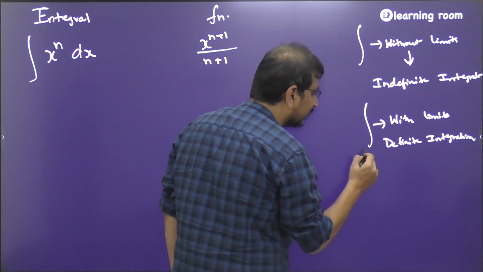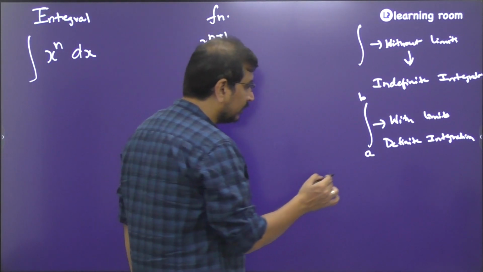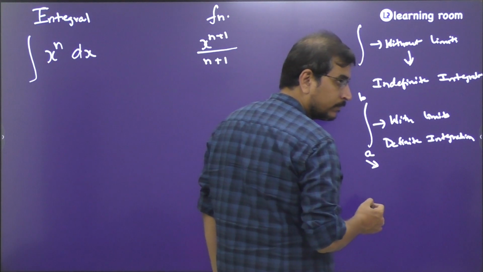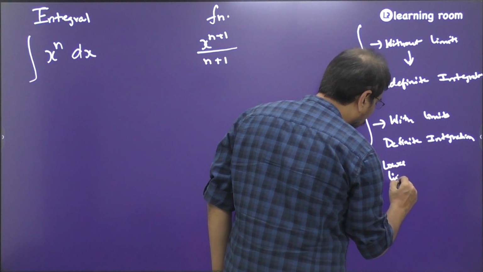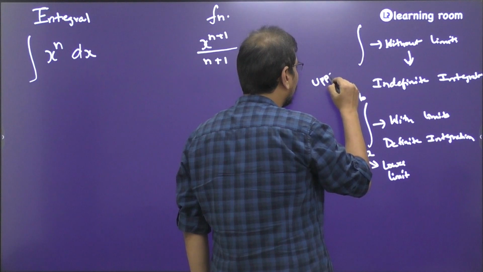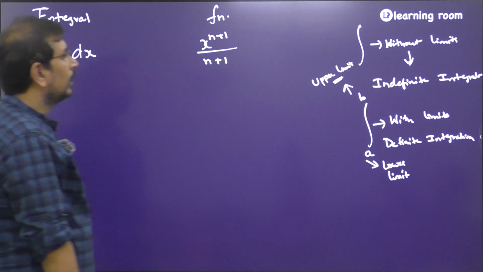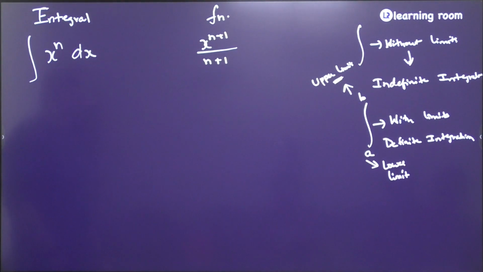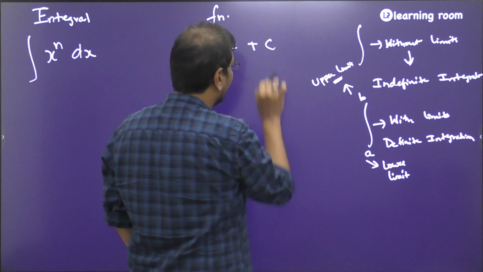So when you write the limits, you put a here, b here, or any other variable, where you call this a the lower limit, and you call this b the upper limit. So it is going to be x power n plus 1 divided by n plus 1. So whenever you do indefinite integration, you need to add a constant to it.